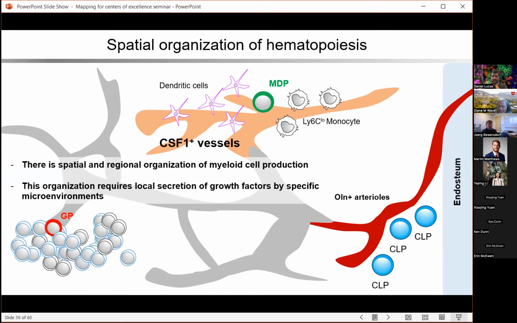Hi, Daniel. Hello. This is Yaping. I'm wondering what kind of microscope and analysis software did you use? The images are so amazing. So for imaging, we use Nikon AR or Nikon AXR microscopes. This is doable in a Leica SP5 or SP8 microscope.